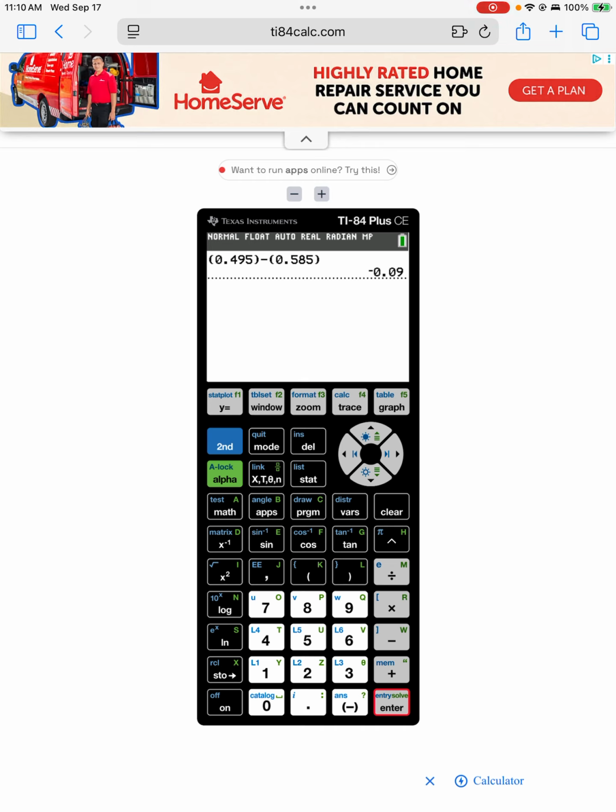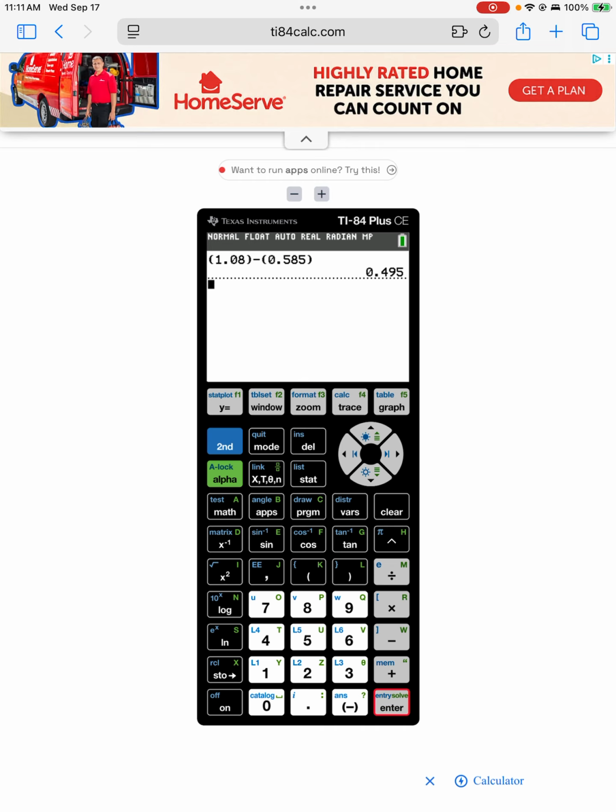And we get, oops, I did the wrong problem. I'm so sorry. Okay, try this again. 1.08 minus 0.585.